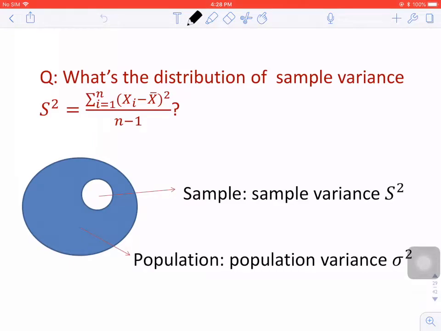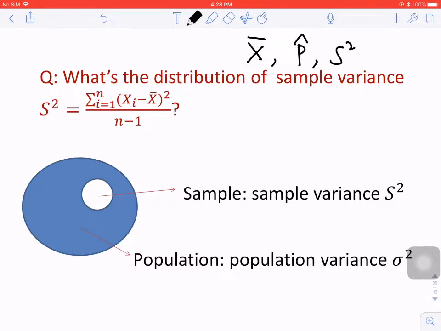So let's have a quick review of what we have learned in the last course. We were talking about the sample statistics, say X bar, the sample proportion P hat, and the sample variance S square.